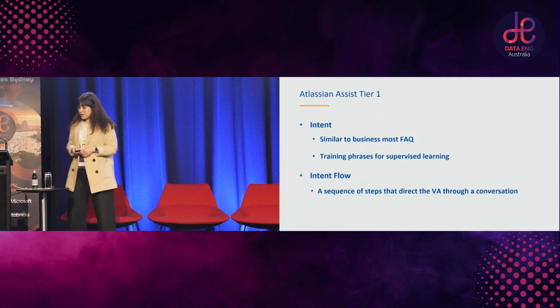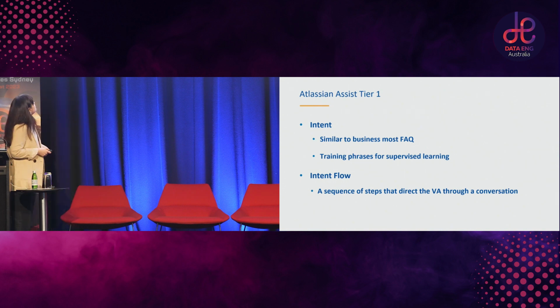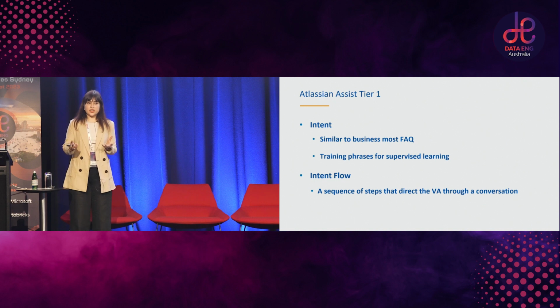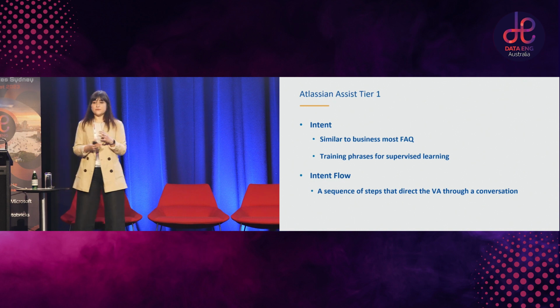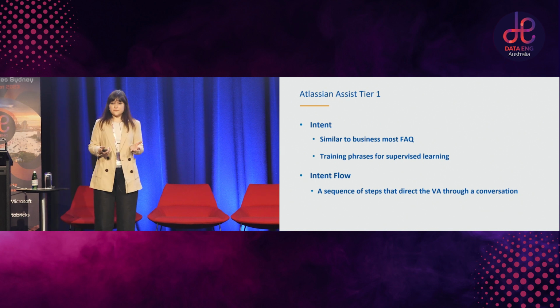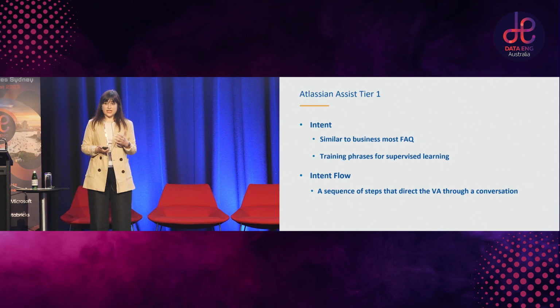With tier 1, there are two important concepts: one is intent, and the other is intent flow. Intent you can think of as your customers' most frequent questions. It's a cluster of questions that you get from your customers, and you label it as an intent. And with the intent flow, you dictate what happens when a customer asks you a question.